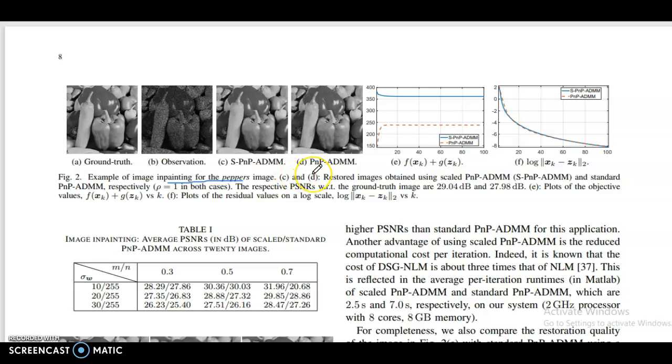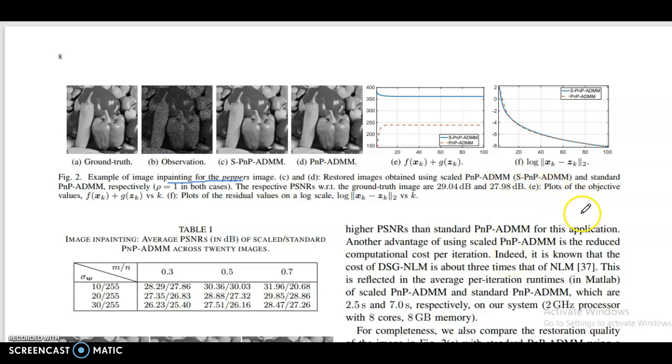C and D are restored images obtained using scaled PnP-ADMM, SPnP-ADMM, and the standard PnP-ADMM respectively, with rho equal to 1 in both cases. The respective BSNR with respect to the ground truth image are 29.04 dB and 27.94 dB.